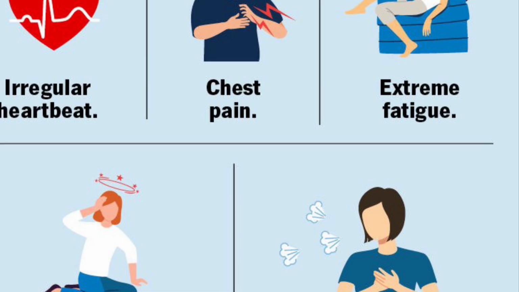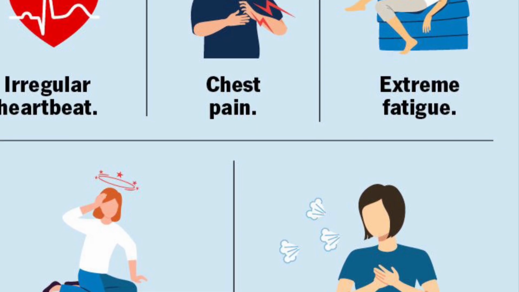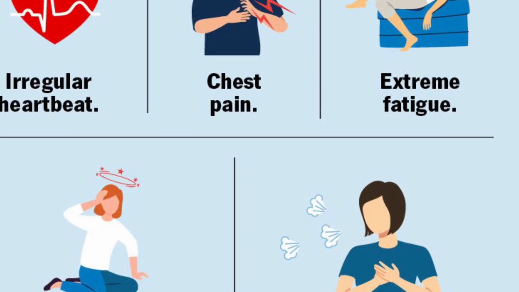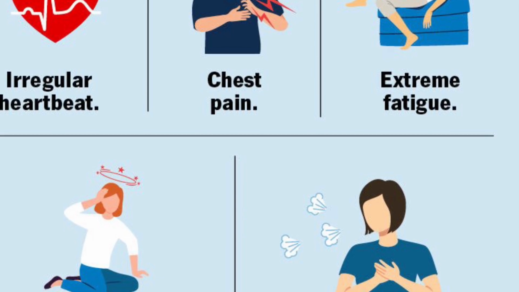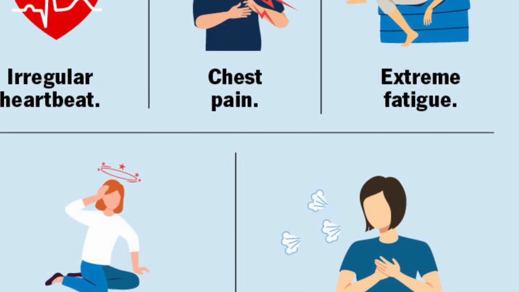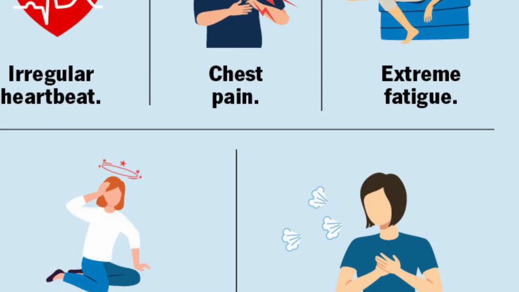Your AV node will take over. If something takes out your AV node, your Purkinje fibers will take over. What's their rate? We went from 60 to 100, then 40 to 60. What do you think? 20 to 40.